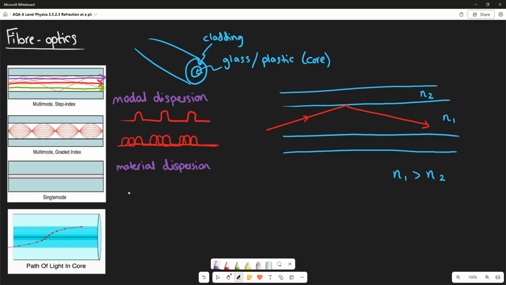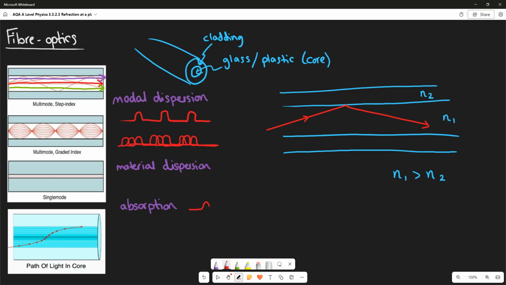The last problem that we're going to be talking about is absorption. And this refers to the fact that the core, which is made of glass or plastic, is not 100% transparent. It is absorbing some of the energy from that pulse.